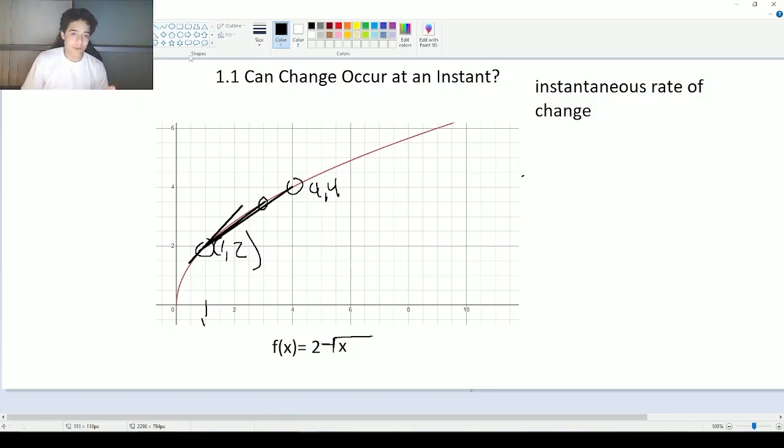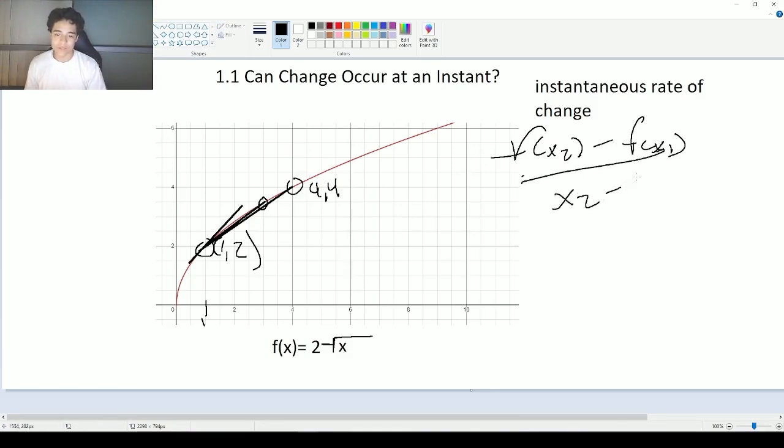So once again, you have f of x2 minus f of x1 over x2 minus x1. If you plug this in, I'll save you a little bit of time and a little bit of calculator. You get 0.73, which is steeper than the line before, which makes sense because our tangent line is very steep.